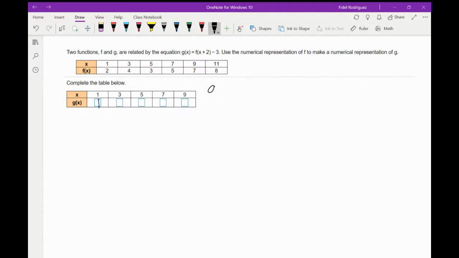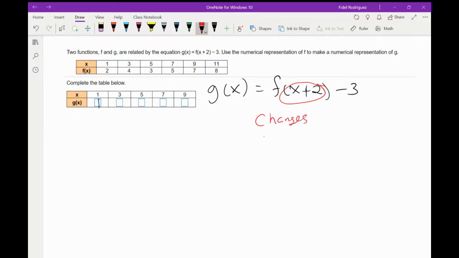So again, since g of x was equal to f of x plus 2 minus 3, right here, the plus 2 changes the x values, right? Because it's on the inside, and it moves them to the left 2 spaces, which means we subtract 2.